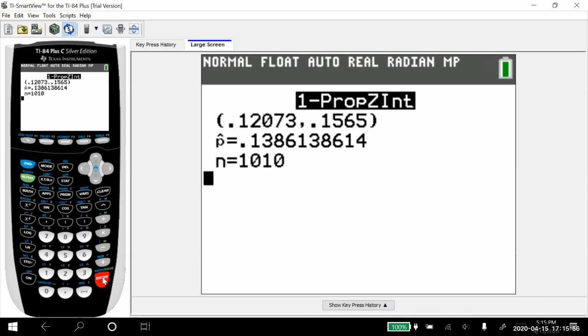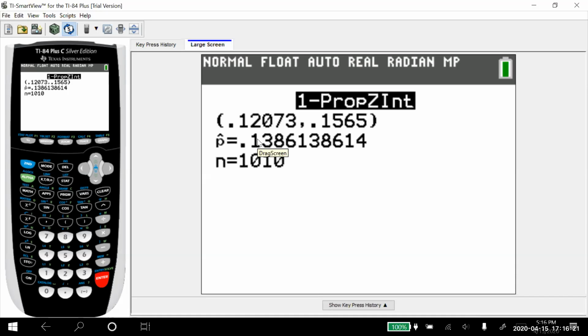So there's our answer. I'm going to copy that down, 0.1207 and 0.1565. I'm not sure how many decimal places they want to go. But notice what they did. They calculated p-hat for us. This is the sample proportion. So about 13.9% of our sample had that characteristic.